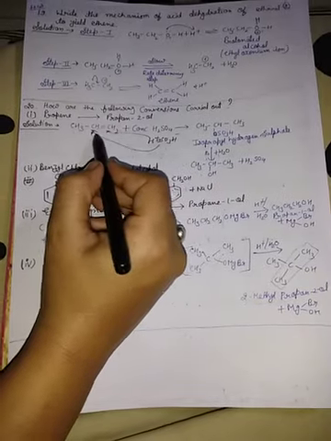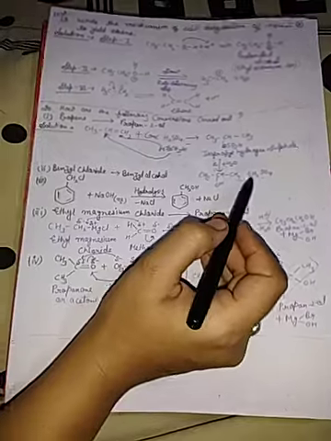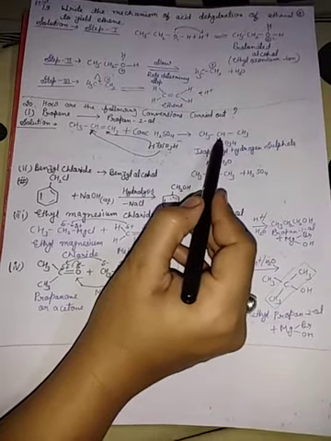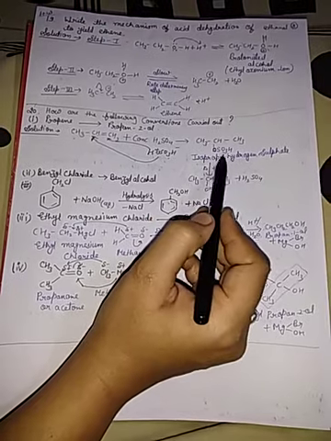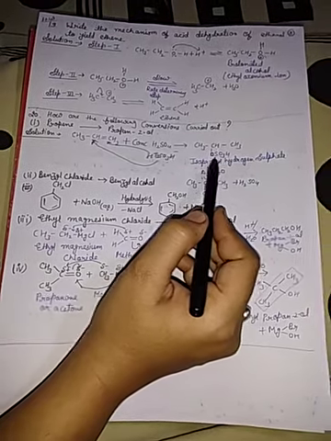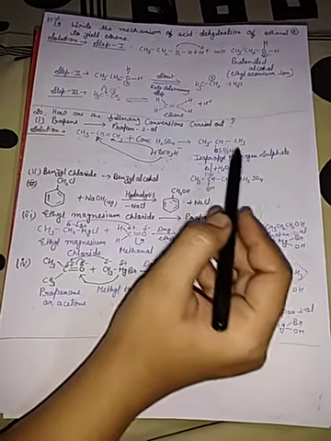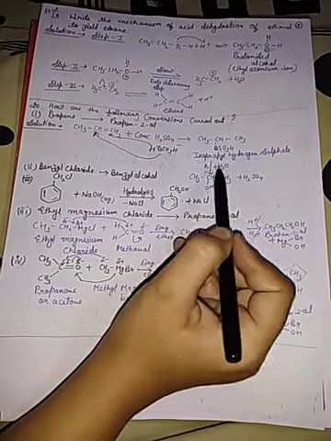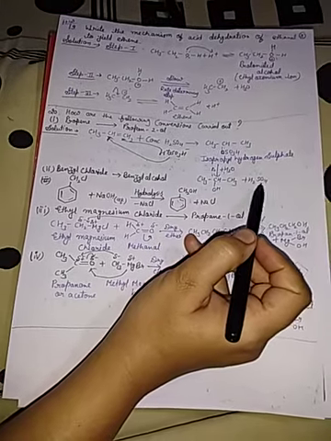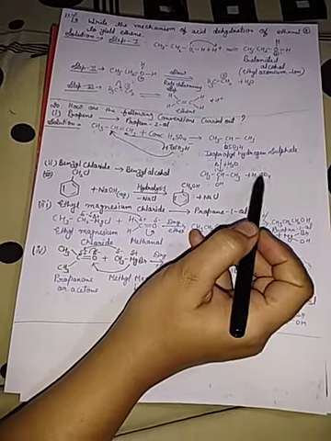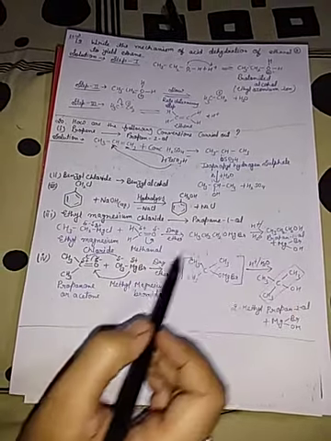So CH3CH(OSO3H)CH3, isopropyl hydrogen sulfate. Next step, react with H2O: this bond is broken, H attaches with oxygen and SO3 reacts with hydrogen to form H2SO4. OH attaches with carbon, so propan-2-ol forms.